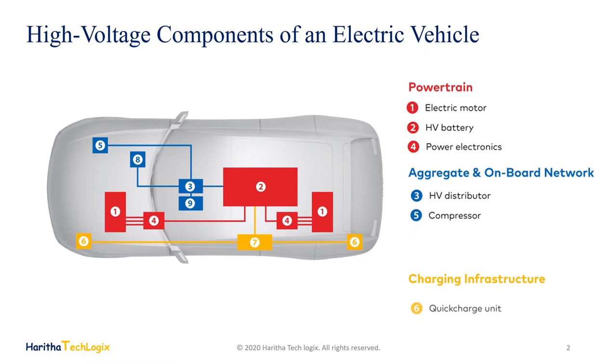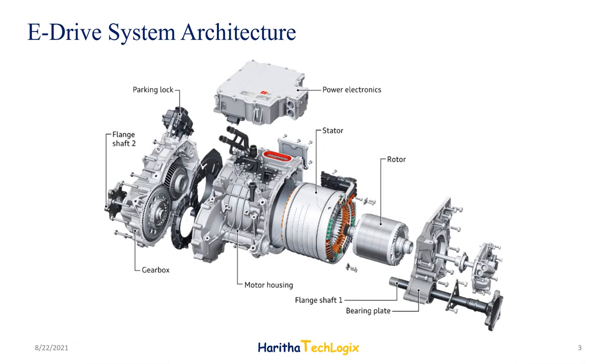And number six, we have the quick charge unit. Number seven, we have the onboard charger, or call it as a AC-DC converter. And number eight, we have the PTC heater, that is the positive temperature coefficient heater. And number nine, we have the DC-DC converter. Let's understand each one of them.